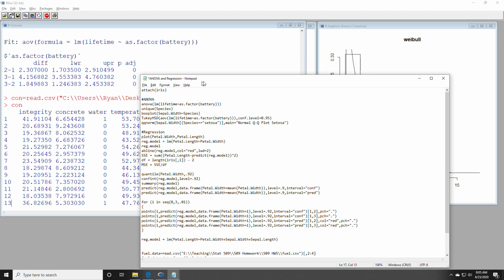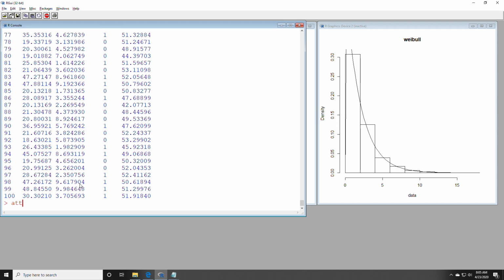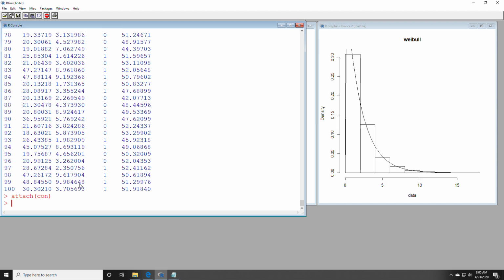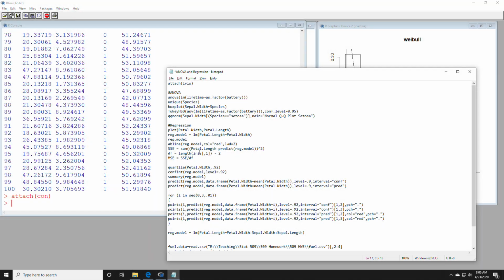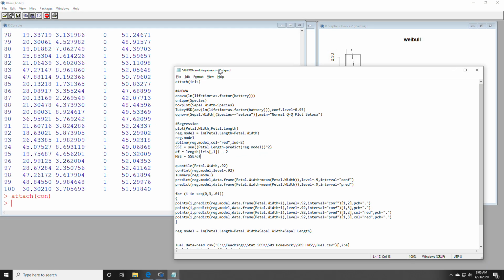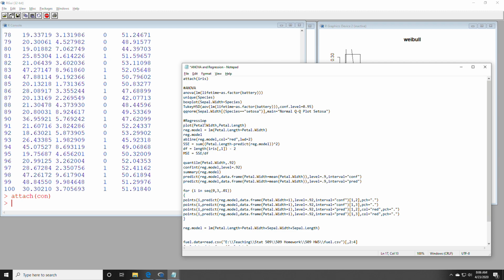So ANOVA and regression. Okay, so the first thing, we want to use these labels so we can attach the data set. I'll skip the scatter plot for now. We could do scatter plots of integrity against each of the variables if we wanted.